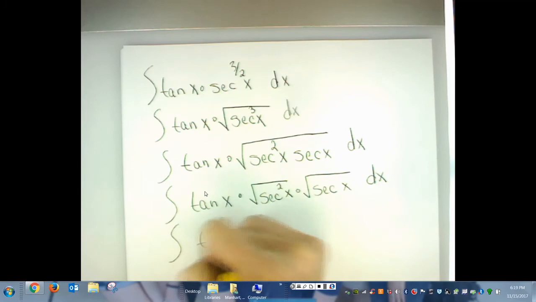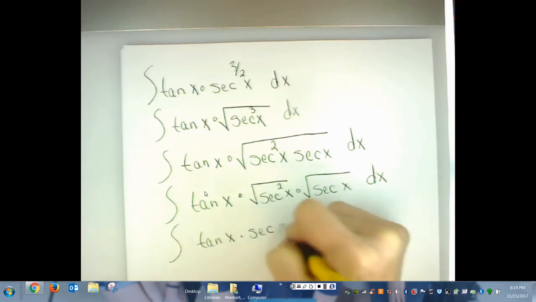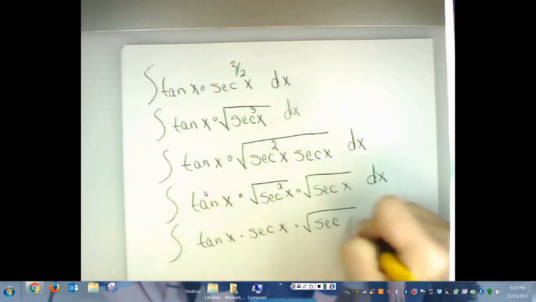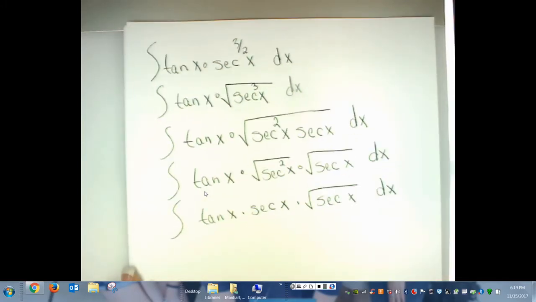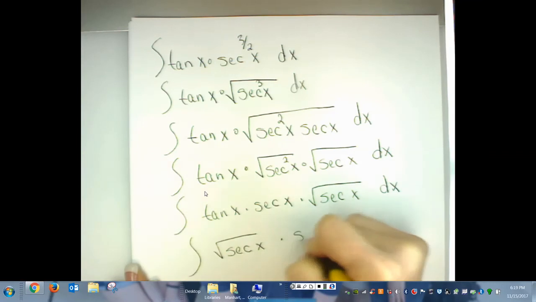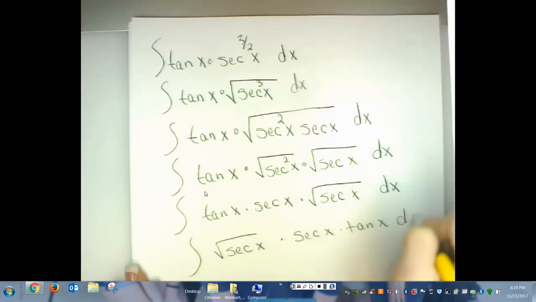So this is tangent x times secant x times the square root of secant x. Since multiplication is commutative, I am going to put the square root of secant x here, secant x here times tangent x dx.